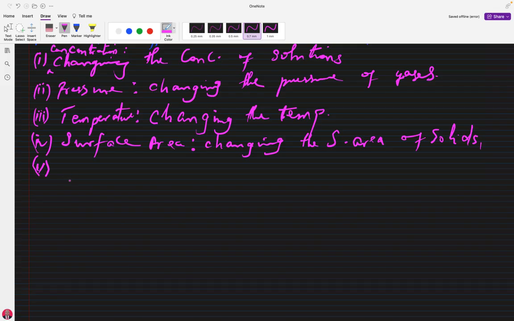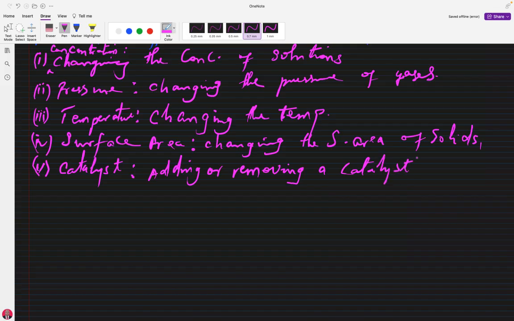So we can say adding or removing a catalyst, including enzymes. That is for biological reactions.